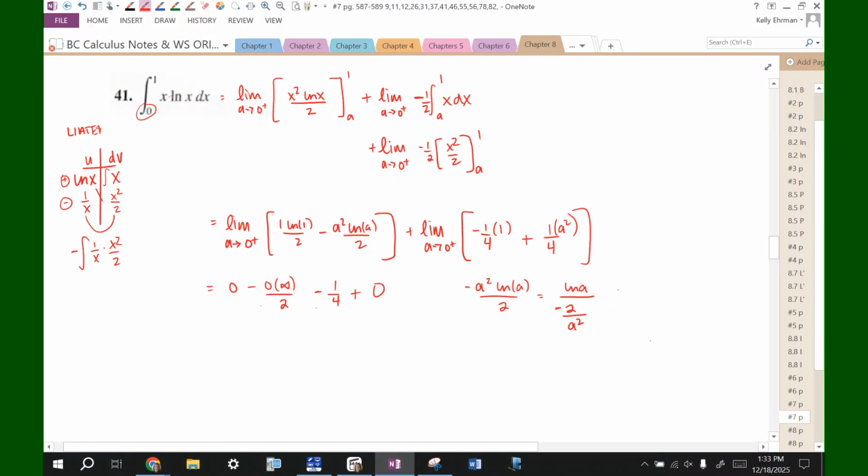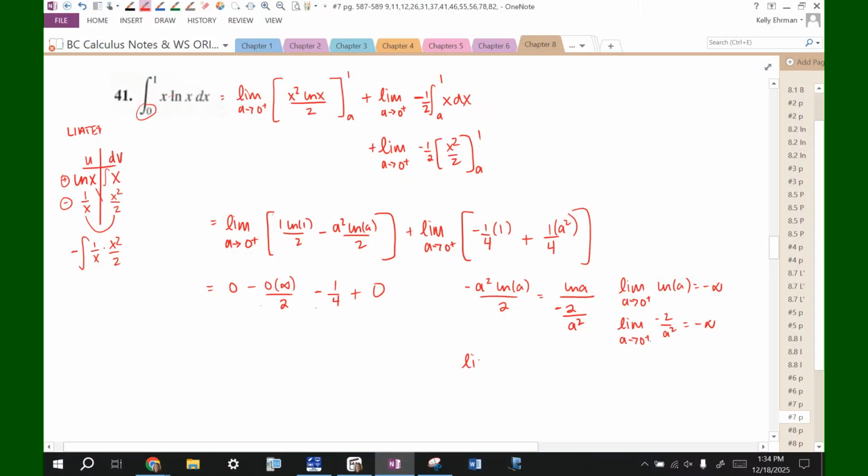And then as we let a approach 0 from the right, ln a goes to negative infinity, and so does this one. Negative 2 over a squared also goes to negative infinity. And when you have negative infinity divided by negative infinity, you get to do L'Hopital's method.